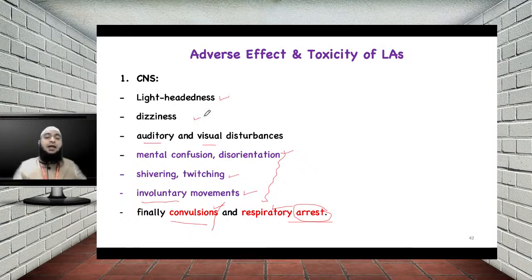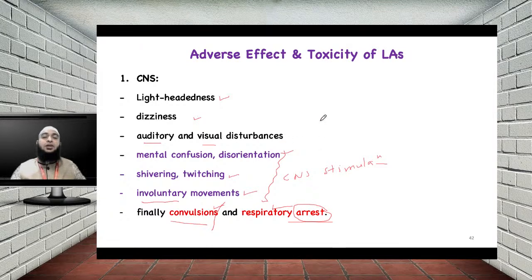Likewise here exactly the same happens. As you increase the concentration of local anesthetics, initially the patient suffers from CNS stimulation, and again for CNS stimulation there is a limit. Since there is excessive CNS stimulation, suddenly the patient suffers from CNS depression and may suffer from respiratory arrest, that is the last point, and it may lead to the death of the patient as well.